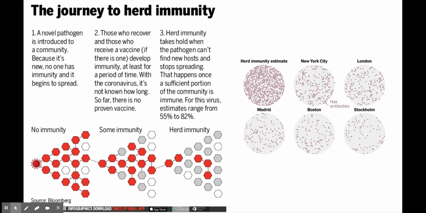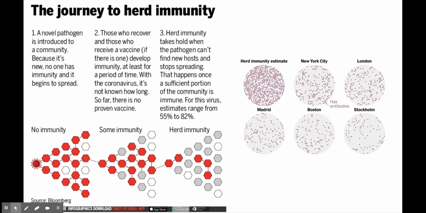Those who have been infected and recover, evidence is showing that at least for a little while they have some immunity, which means that if they encounter the virus again, they will not get infected. So there is a little bit of immunity built up in the population, but not enough to stop the spread.